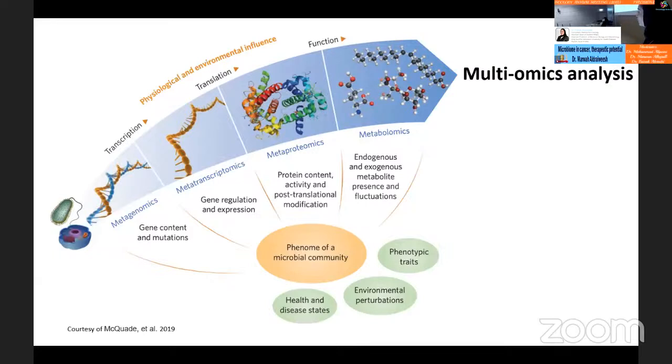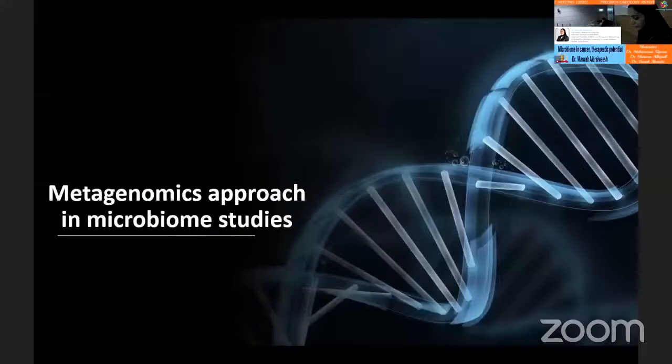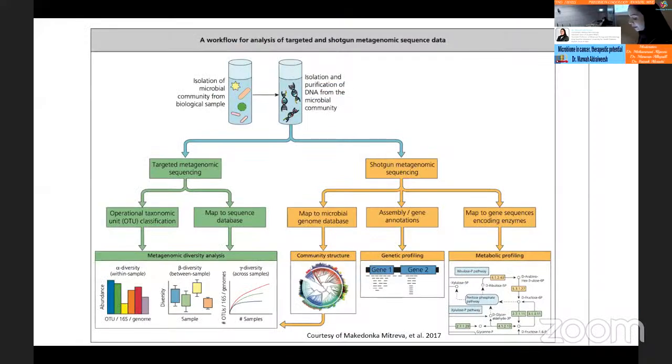So in order to have a holistic understanding of the role of the gut microbiome in colorectal cancer development, we have to study the tumor microenvironment from different perspectives. Starting with a metagenomics approach in microbiome studies, this schematic diagram represents a workflow for analysis of targeted and shotgun metagenomic sequence data.